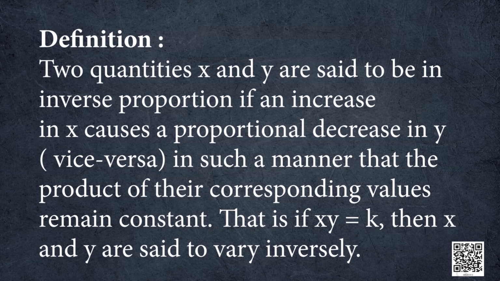That is, if xy is equal to k, where k is a constant, then x and y are said to be in inverse proportion, or they vary inversely.